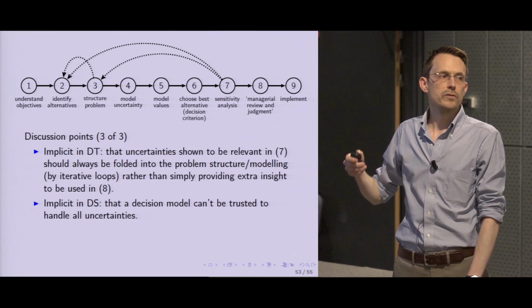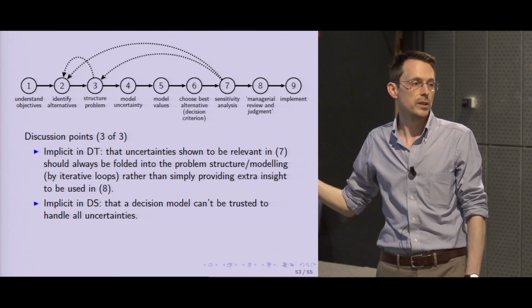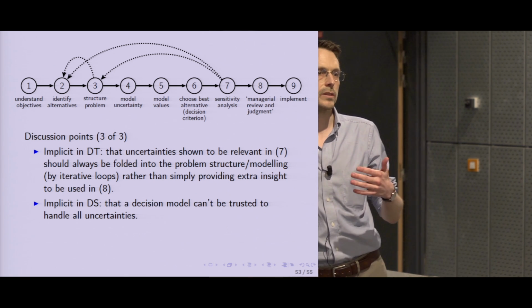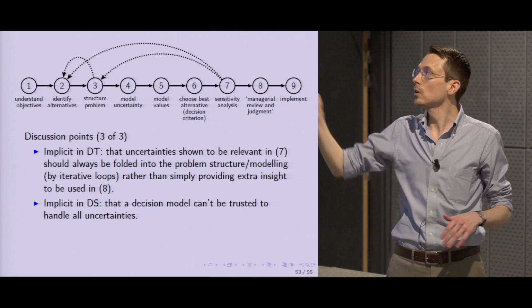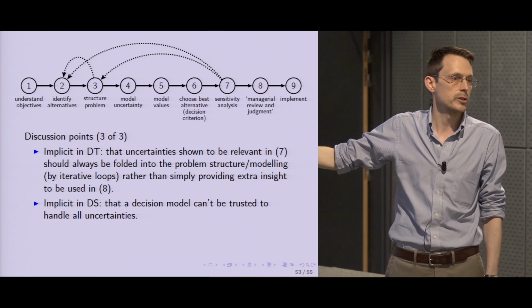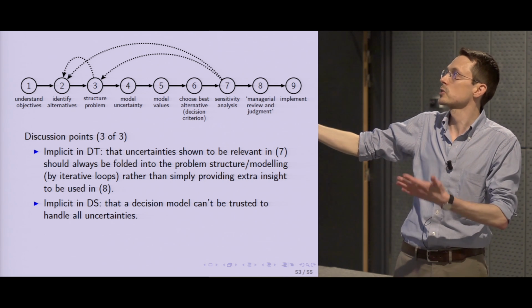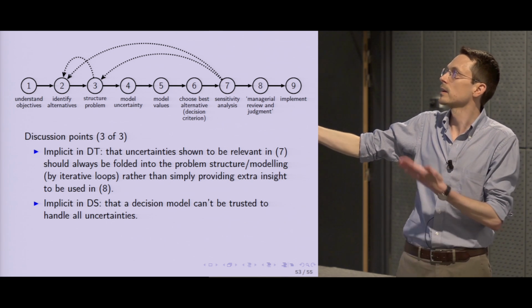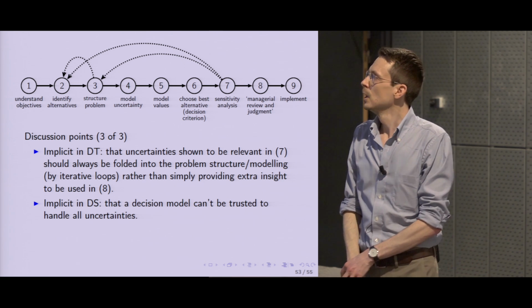In other words, whenever you realize there's something that you're uncertain about and it does affect the outcome of your analysis, well, okay, go back, because all uncertainty ought to be modeled here, and you should give it to the decision criteria to sort out. So if you discover some that you hadn't yet addressed, you should always loop back and add it in and get a better answer from your decision criterion.